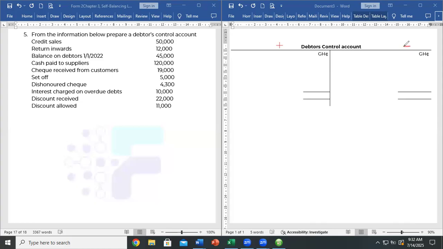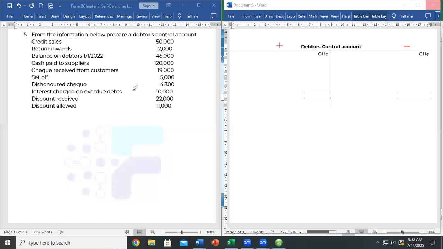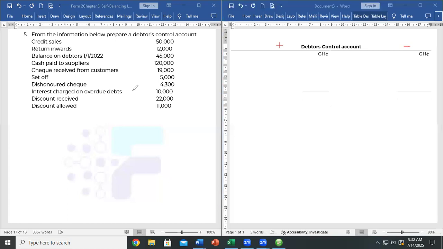First thing I told you to do is to record any opening balance. You know, in accounting, we record opening balances before any other thing. So skim and scan through the question to pick your opening balance. And Prof. Charles, can you fish out the opening balance, if any, on debtors for us in this question?